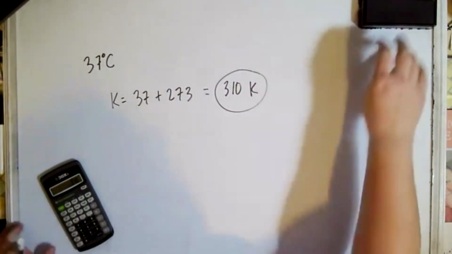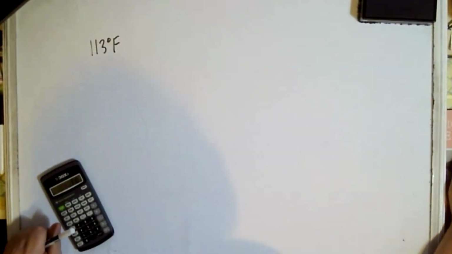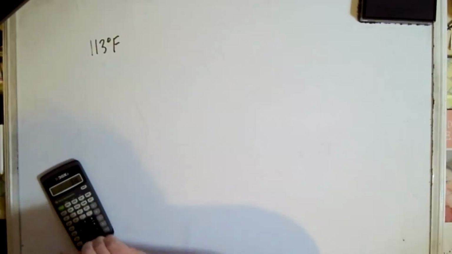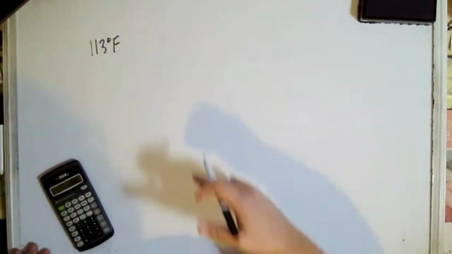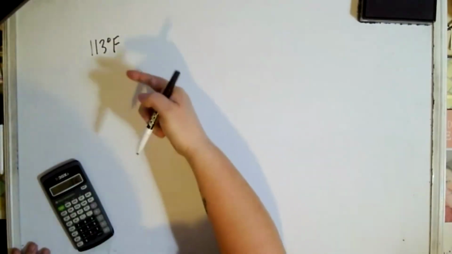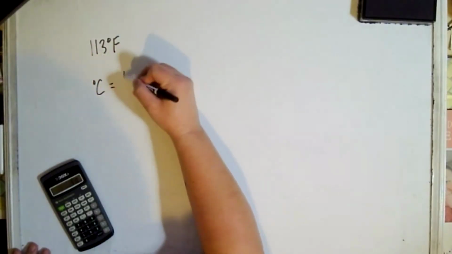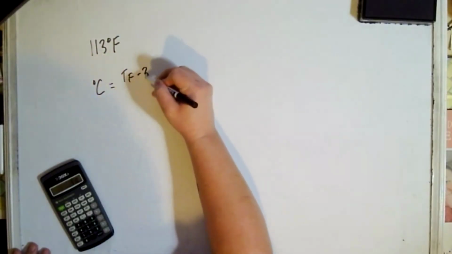All right, next question says, in a type of cancer treatment called thermotherapy, temperatures as high as 113 degrees Fahrenheit are used to destroy cancer cells or make them more sensitive to radiation. What is that temperature in Celsius and in Kelvin? Like we were saying, you can't go from Fahrenheit to Kelvin directly. So we'll start by going from Fahrenheit to Celsius.